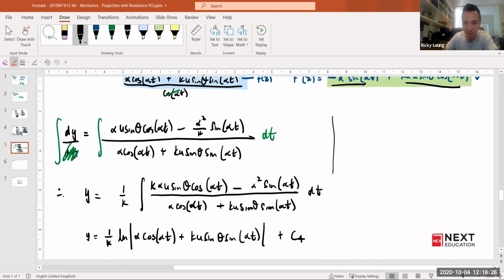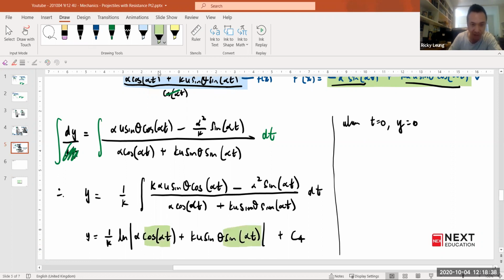You can see, right? When t equals 0, subbing my initial conditions, and y rather, equals 0. So when this guy and this guy, when t is 0, cos 0 is, what's cos 0? 1? Cos 0 is 1.